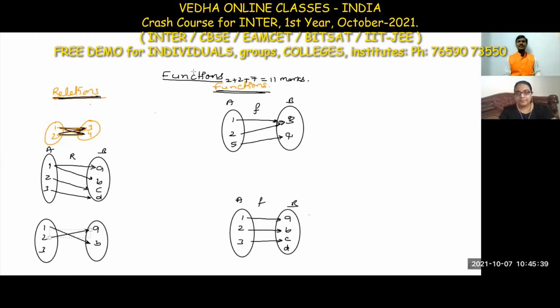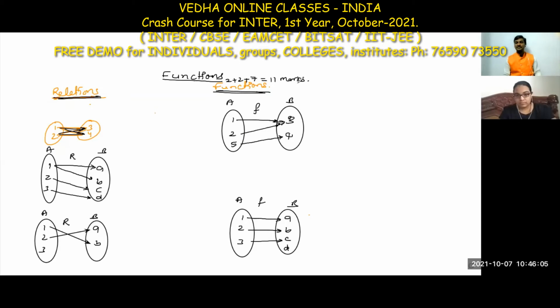It is a relation, but not a function. All functions are relations, but all relations are not functions. The relations in these examples are not functions, but the functions we took are relations.